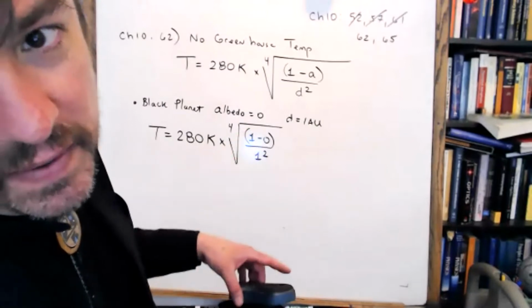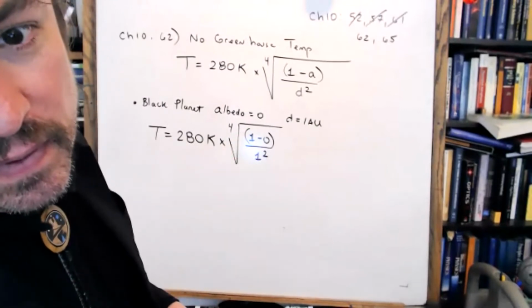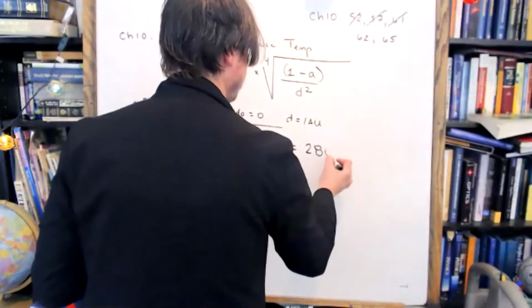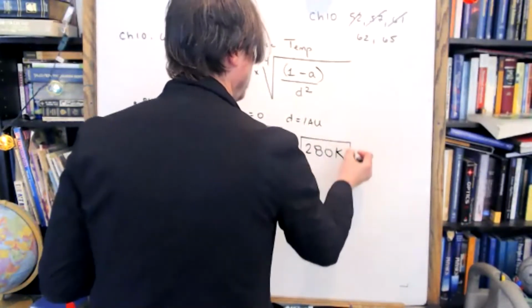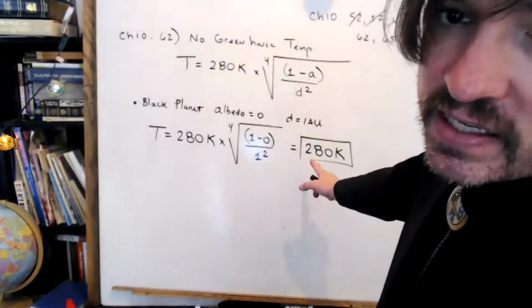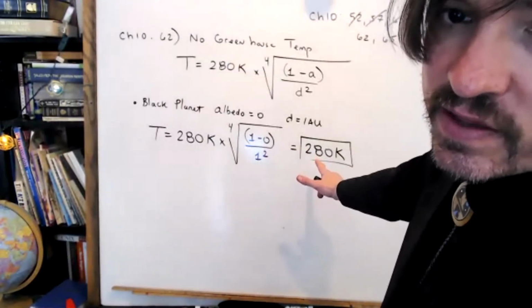What's the 4th root of 1? What's 280 times 1? Now you can see where the 280 comes from. The 280 is a reference temperature for a perfectly black planet at a distance of 1 AU.